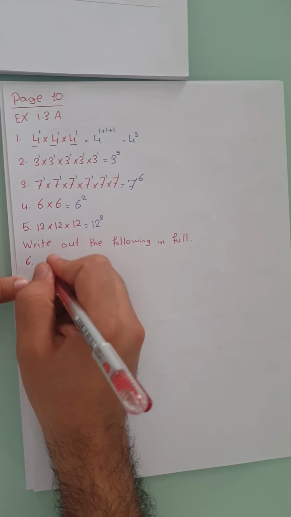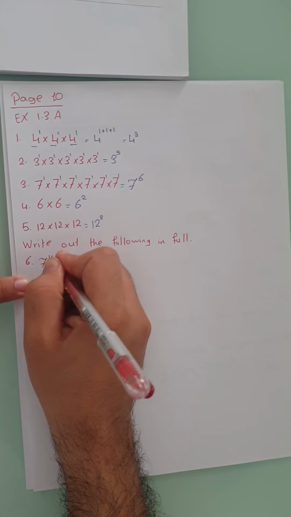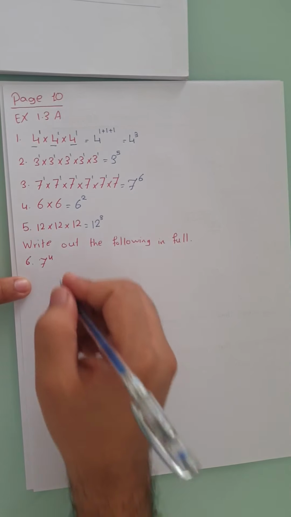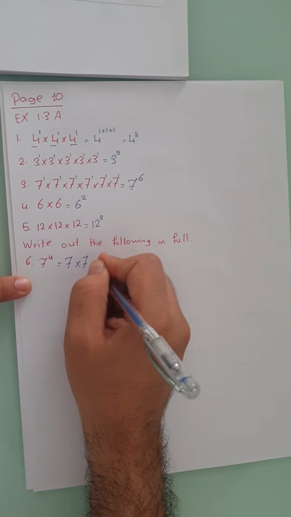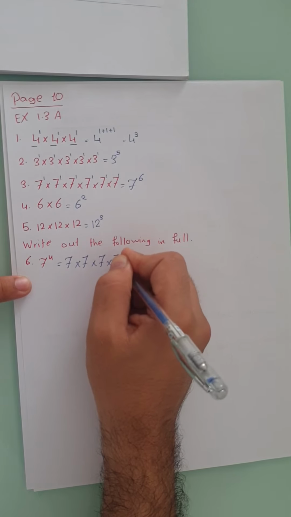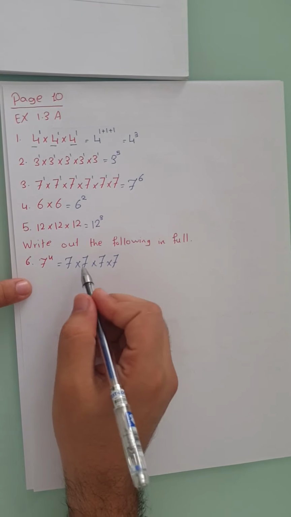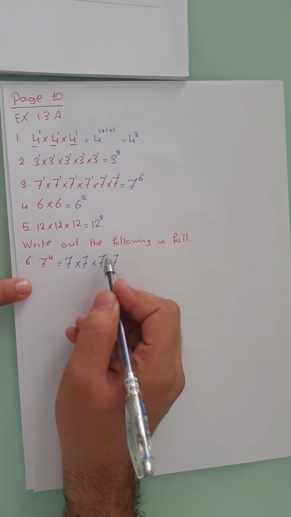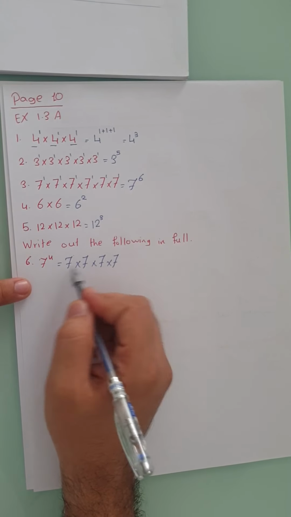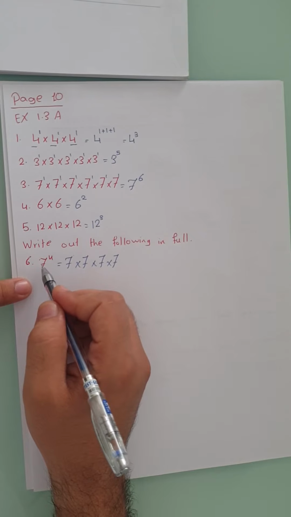So they give you 7 to the power of 4. 7 to the power of 4 is actually 7 times 7 times 7 times 7, 4 times. 1, 2, 3, 4. If I simplify this one, it will give me 7 to the power of 4.